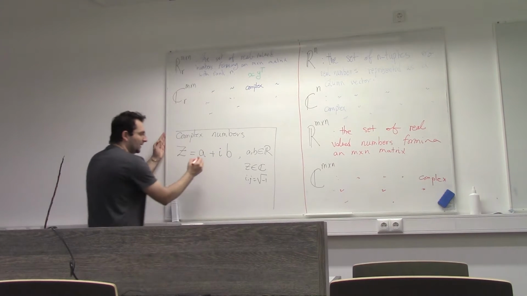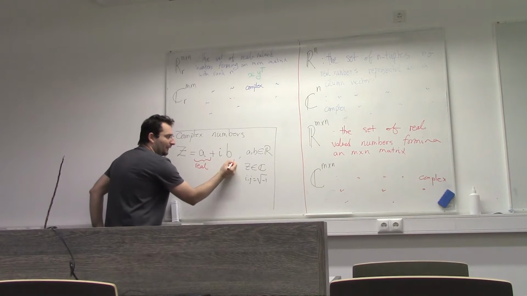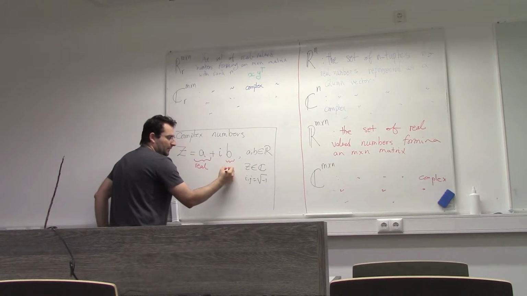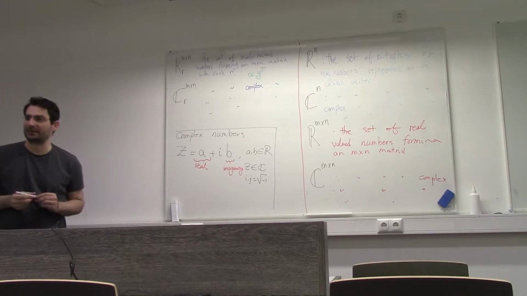We call this one the real part, and we call this part the imaginary part of a complex number.